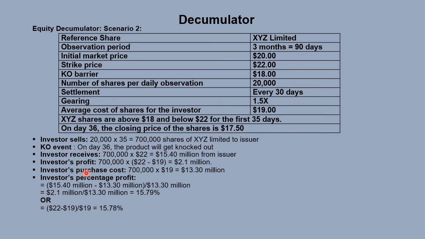The investor's profit will depend on the average purchase price. If we take the purchase price as $19, the investor's profit will be $700,000 into $22 minus 19, which is $2.1 million.